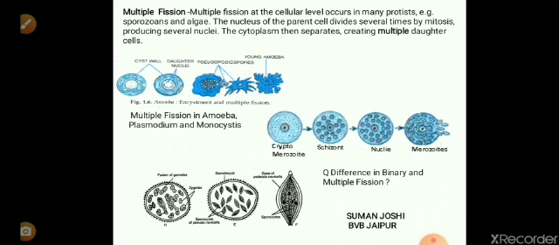We have seen binary fission in amoeba, but binary fission in amoeba occurs in favorable conditions, and multiple fission in amoeba occurs in unfavorable conditions. Here in this slide you can see the encysted amoeba, with a three-layered cell membrane.